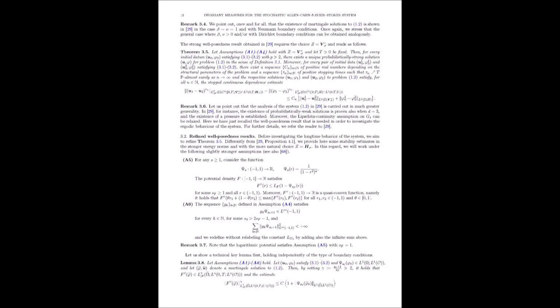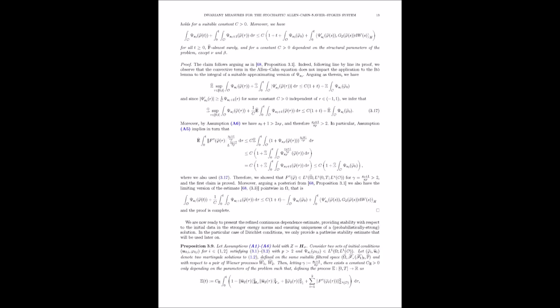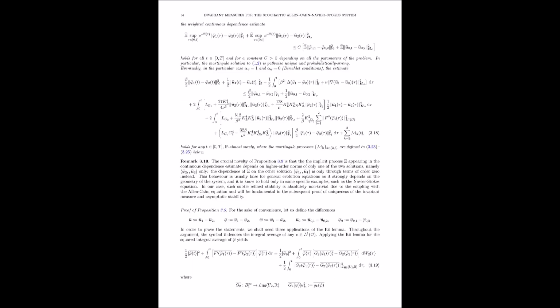Remember, boundary conditions determine how the system interacts with its surroundings, in this case, the walls of the container. Right. They're like the rules governing how the fluids behave at the boundaries. Exactly. And the specific boundary conditions we choose can drastically affect the system's long-term behavior, influencing whether invariant measures exist and whether they are unique. So could different boundary conditions lead to different stable states?